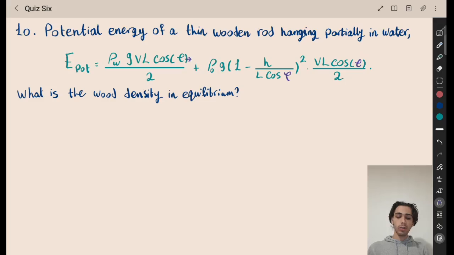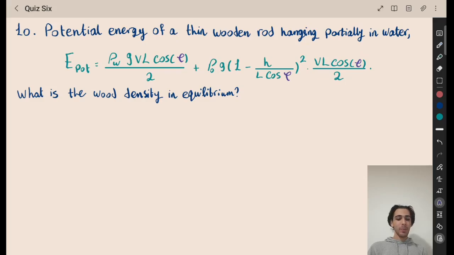In this case, because it's in the cosine, then probably it's an angle at which the rod is in water. I'm guessing, of course. I'm no physicist, so I have no grasp whatsoever of the meaning behind this problem.